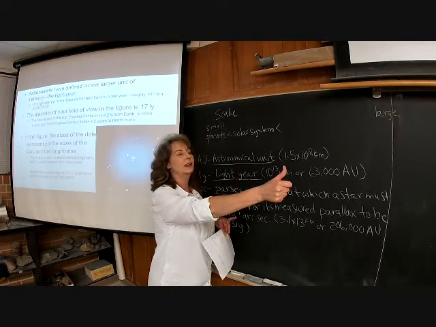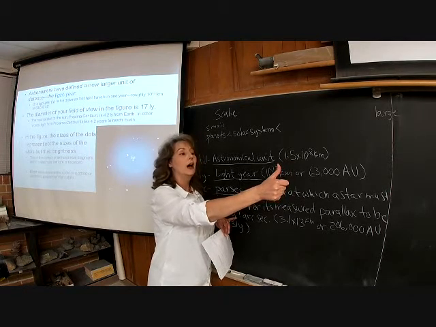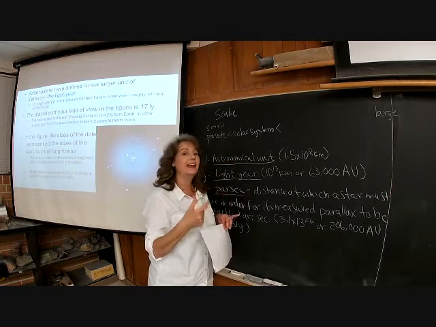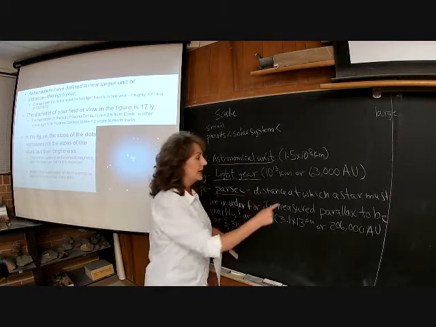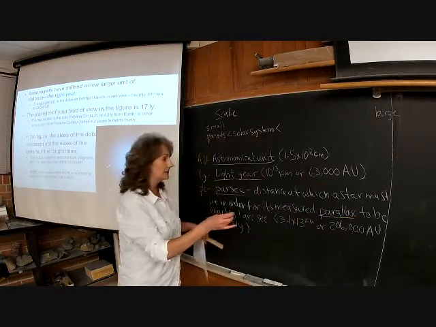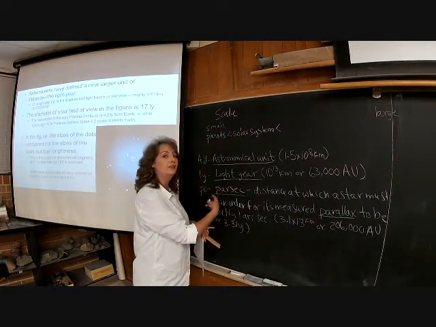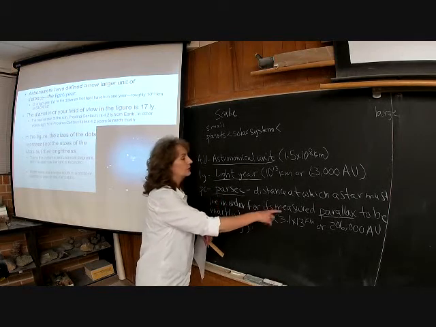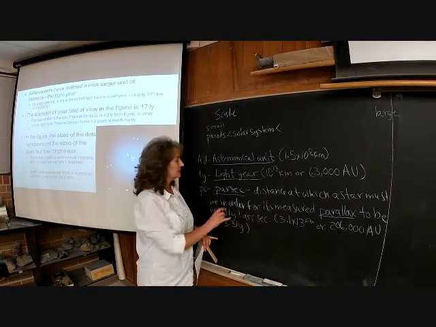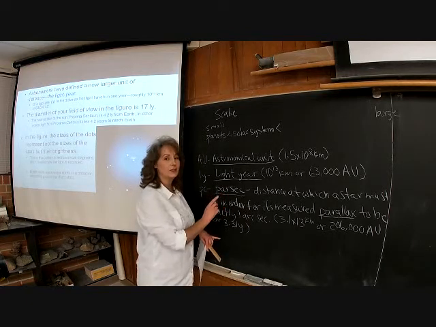How much of a degree of angle is it moving? That's the parallax. So this is saying how far away a star must be in order for its measured parallax to be 1 arc second. It's a kind of cumbersome definition for a parsec though.